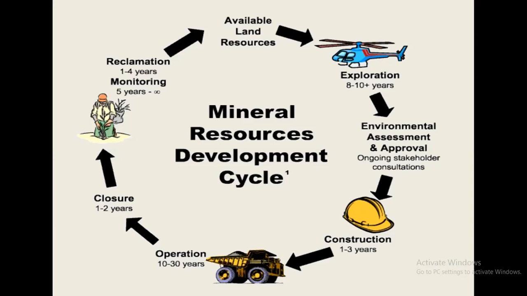Then construction work. Then operation takes place, taking 10 to 30 years. Then closer to 1-2 years more for development. Then it goes to reclamation. People work on it for 1 to 4 years, monitoring the work, getting it reclaimed, using it for development, again moving to the same process. So this is a small mineral resource development cycle.